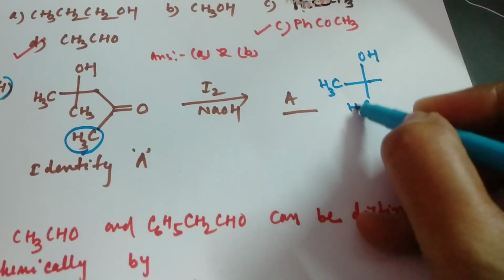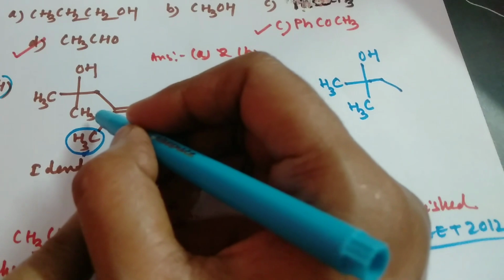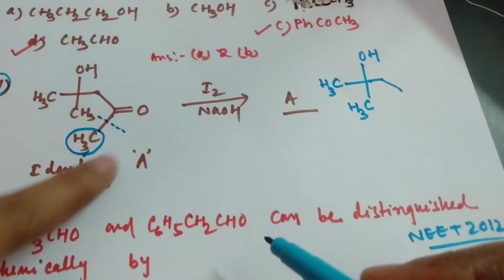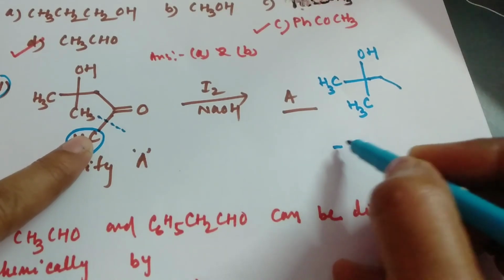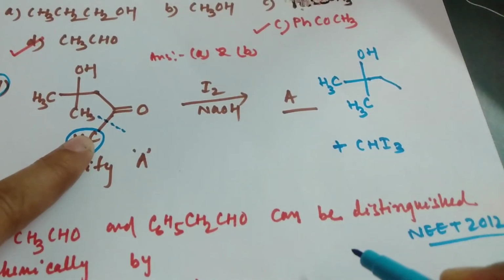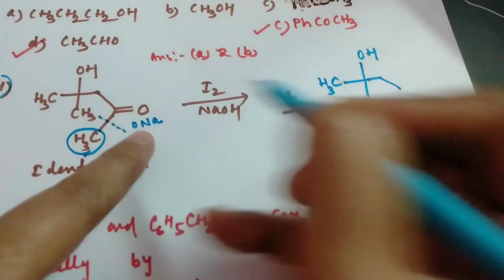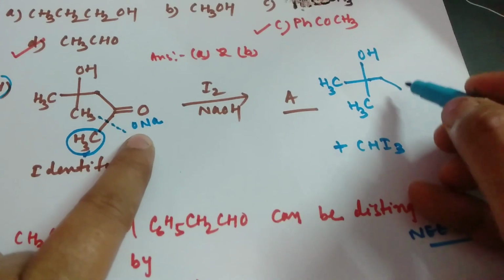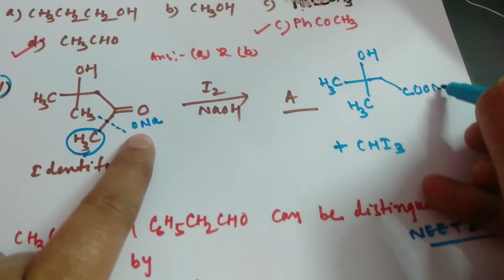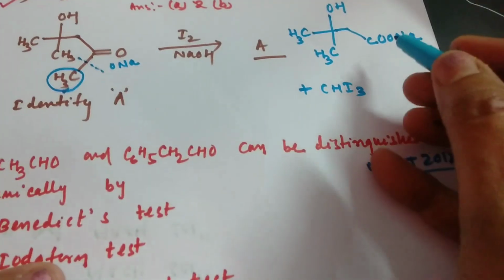There is no change here, only the double bond you have to break. The methyl group will form the corresponding iodoform CHI3, and this part will form COONa, as we have already discussed. So this is your iodoform and this is the corresponding product.